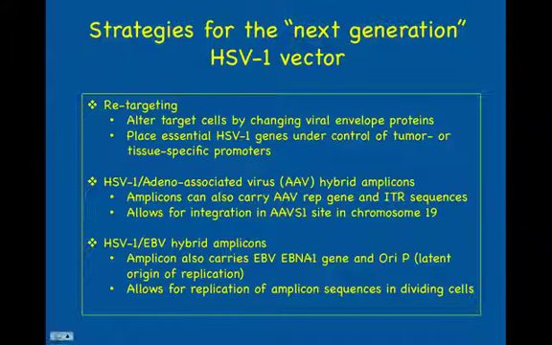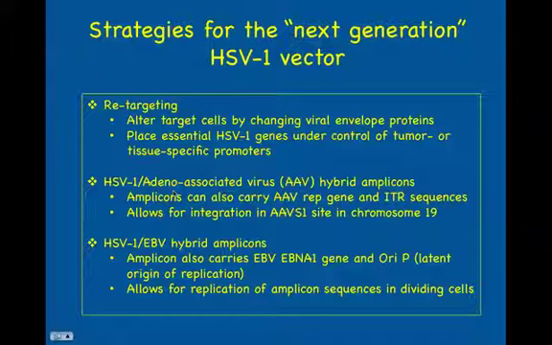I know measles virus has had different envelope proteins put on it, and this tumor-specific control is something everybody's racing towards. And so you want to have something like a gene that you know is only expressed in cancer, which acts as a transcription factor for HSV1 genes.